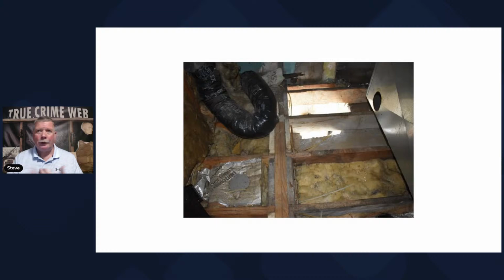And for those of you that are familiar with constructions of the rafters overhead that hold up your drywall to form a ceiling, this is what Durante was laying on. He was laying on his back, fully extended, other than one leg was slightly raised and sitting over next to the ductwork.